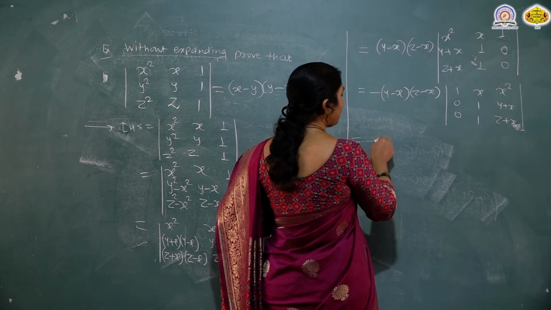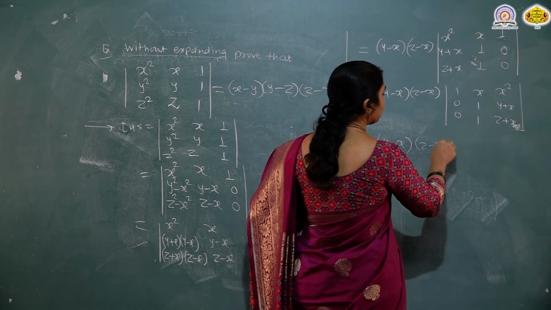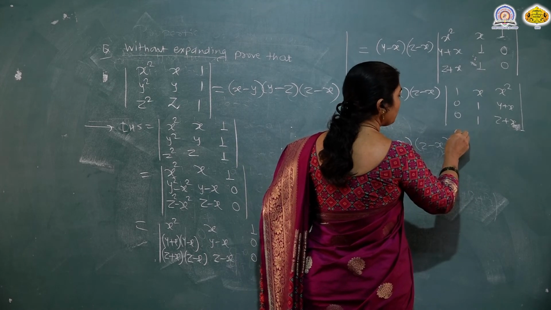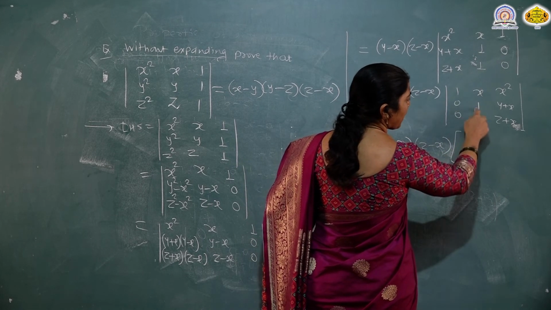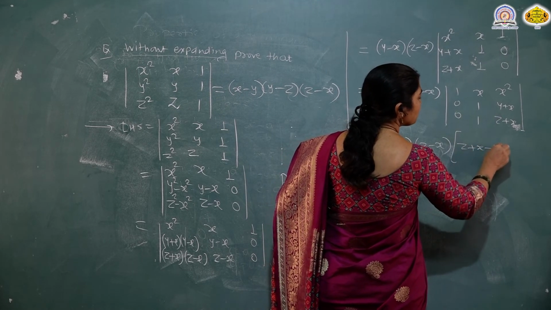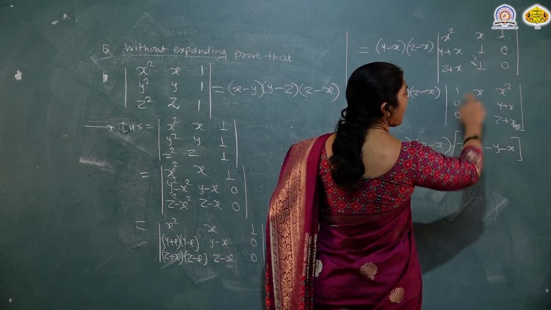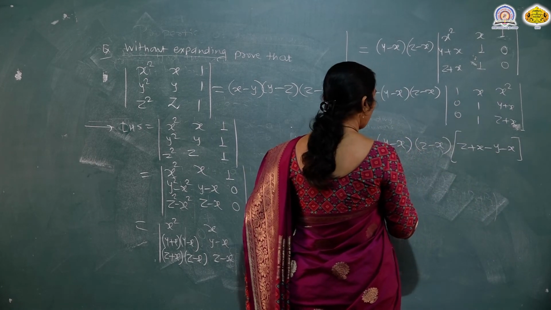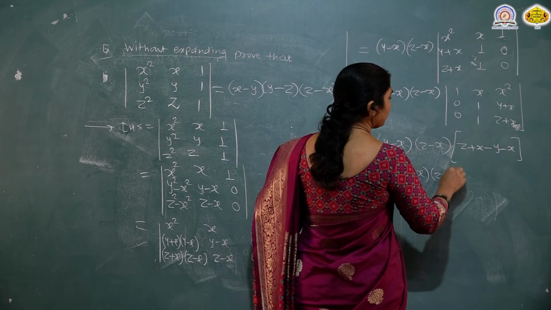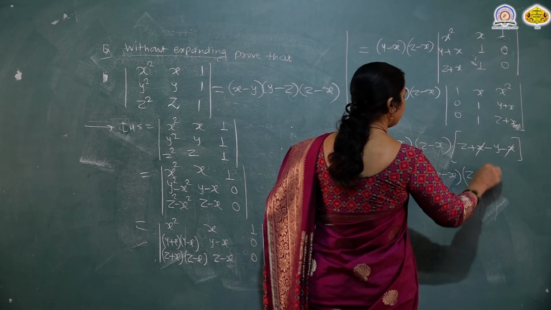By direct expansion, we get y minus x into z minus x times the determinant. The value comes to be 1 into the bracket of 1 into z plus x minus y minus x, then x into 0 and x square into 0. So it becomes minus of y minus x, z minus x into z minus y.